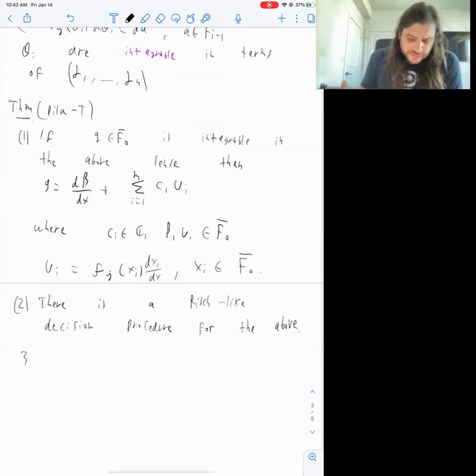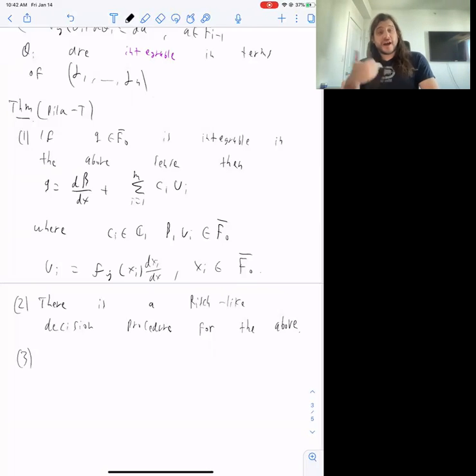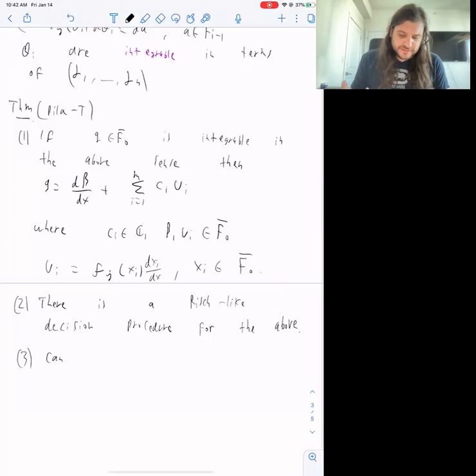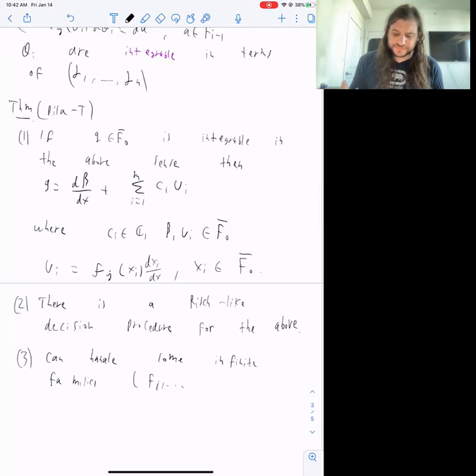And moreover, we can handle arbitrary finite sets of algebraic functions and their primitives, so these fi's, but we can also handle certain natural infinite families of these f's, f1 through fn, etc. So for example, we can take f to be the set of all elliptic functions.